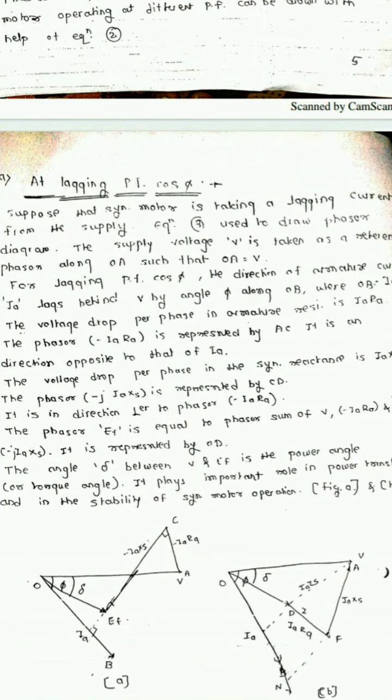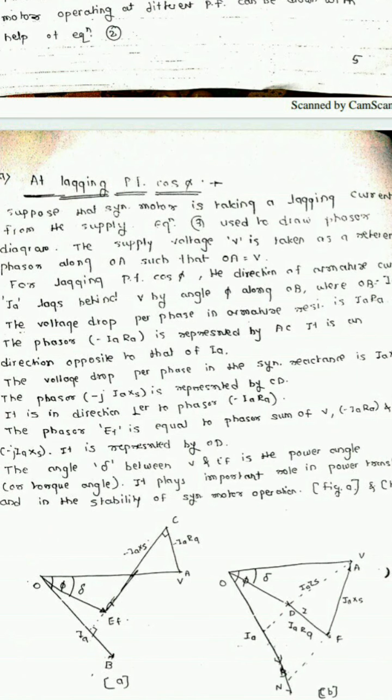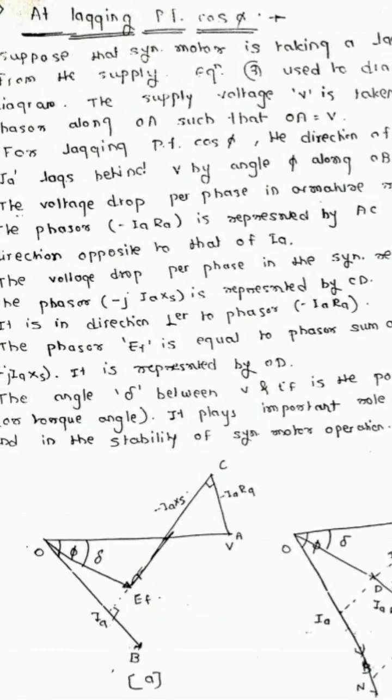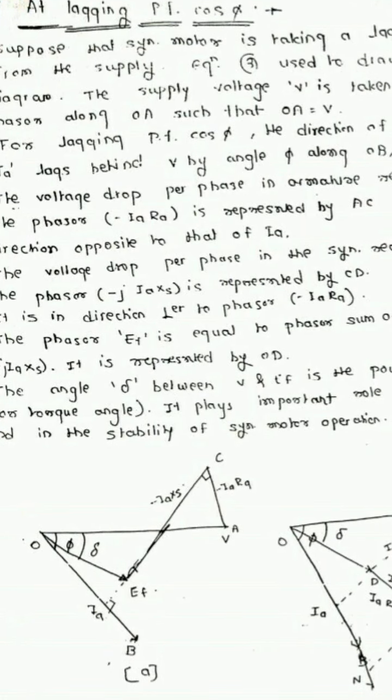It plays an important role in power transfer and in the stability of synchronous motor operation. So this is the phasor diagram of a synchronous motor for a lagging power factor.